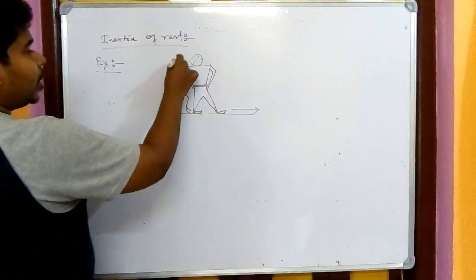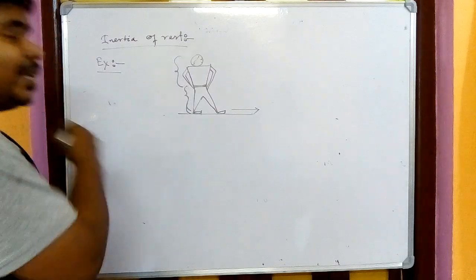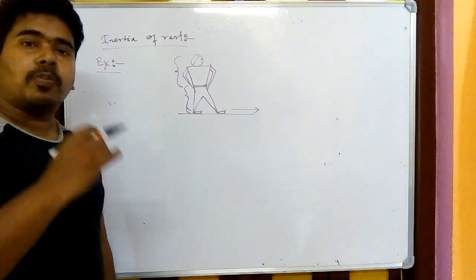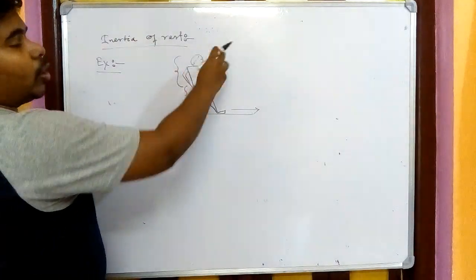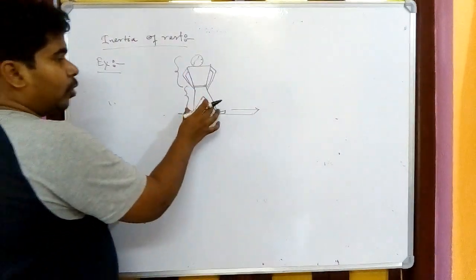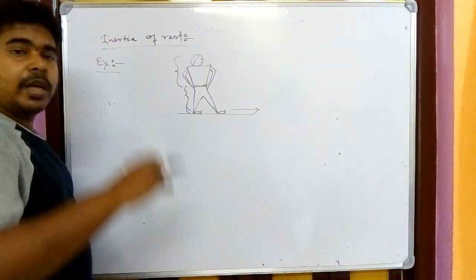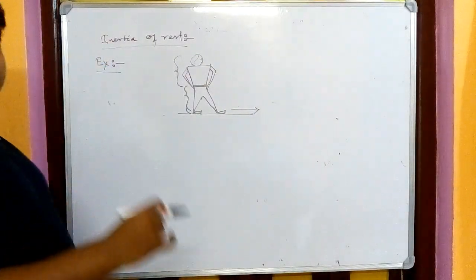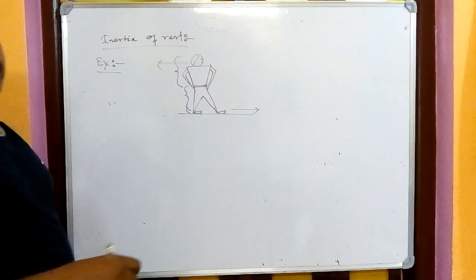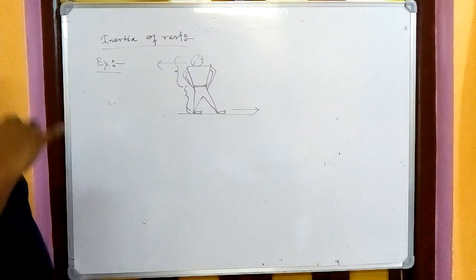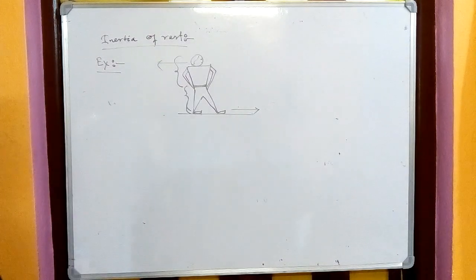But the upper portion of the body wants to remain in the same state of rest, so it does not move. Your lower part goes forward, but your upper part tries to remain in the same state, and that's why it seems the passenger is moving backward. That is an example of inertia of rest.